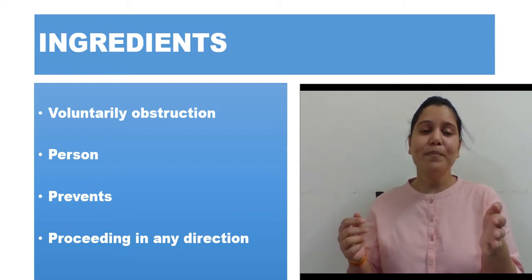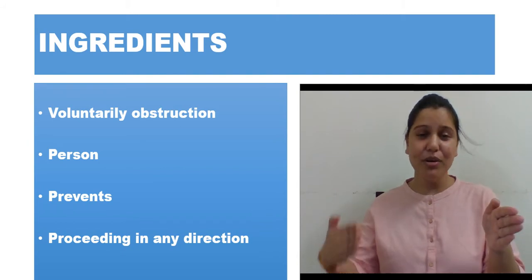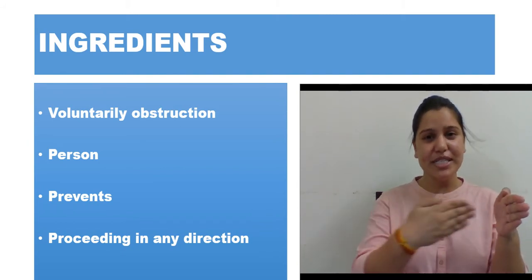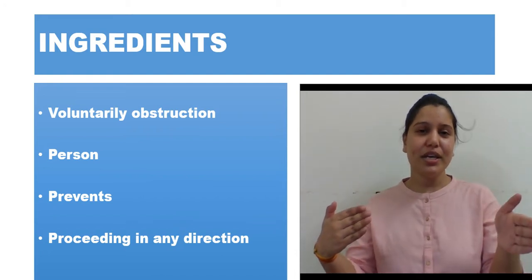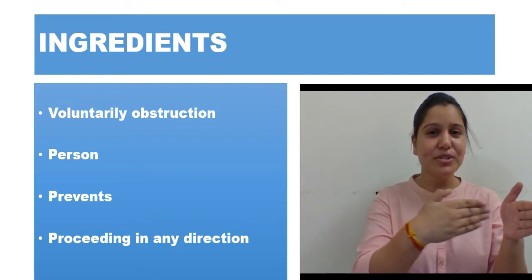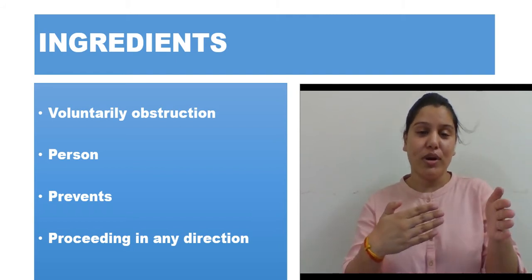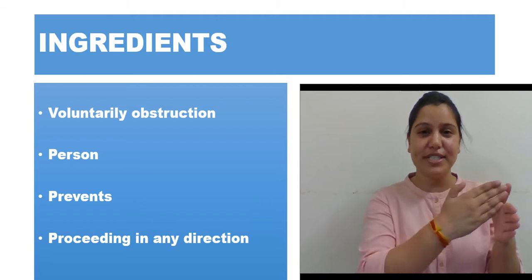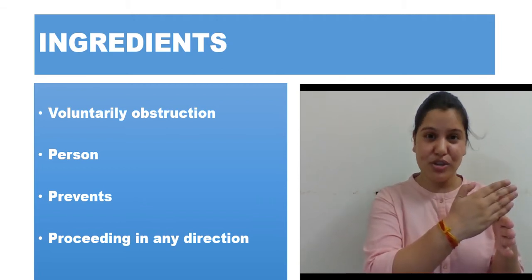So A was stopping B. A was preventing B from proceeding in this direction. That no, you cannot go. I am preventing you to move in this direction. So B cannot go in that very direction.